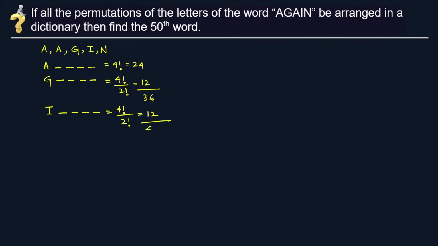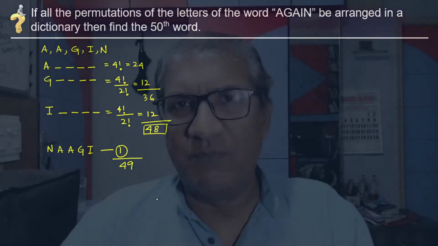That is, till now we got 48 words which are already placed in the dictionary. Now we should be very careful. Alphabetically now it will start with N. And then alphabetically A, A, G, I will come, right? So this is my one word. That is, we got till the 49th word.